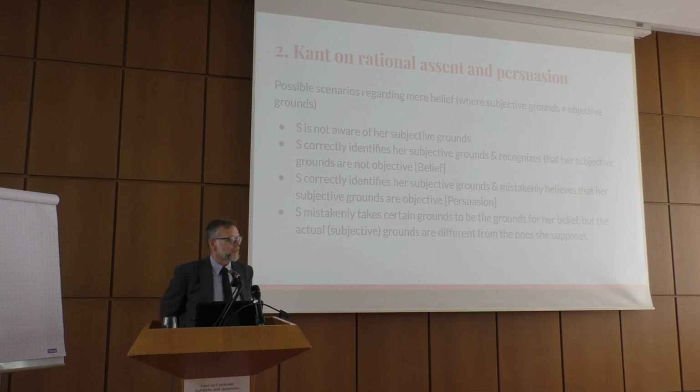So she takes something to be her subjective grounds, and she's wrong about that. And again, I might not have found it in Andrew because Andrew didn't find it in Kant. So this is not a criticism, I'm just trying to open the logical space here and see what our options are.